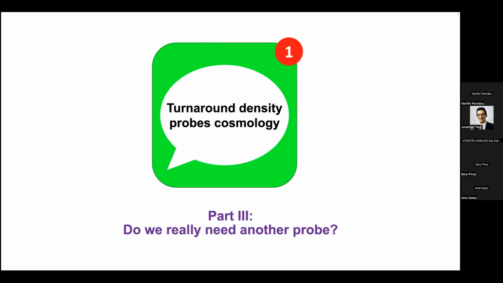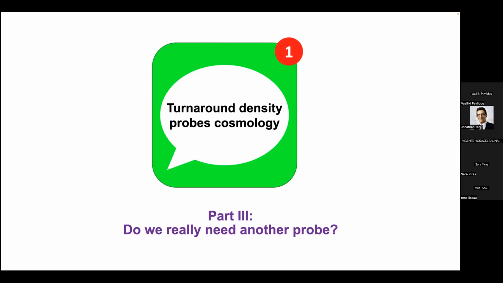Do we really need another probe? I mean, don't you already know that omega lambda is 0.7? Why are you even bringing this up? You know, why are you rocking the boat? You know, we know omega lambda is 0.7, we know omega matter is 0.3, that's behind us, and let's talk about tensions now. I want to talk about the Hubble constant, not about omega. So do we really need another probe?